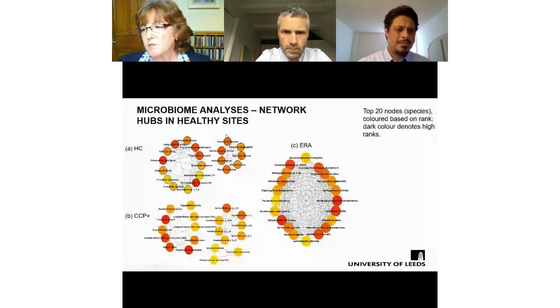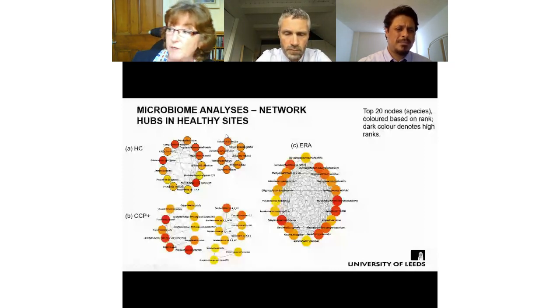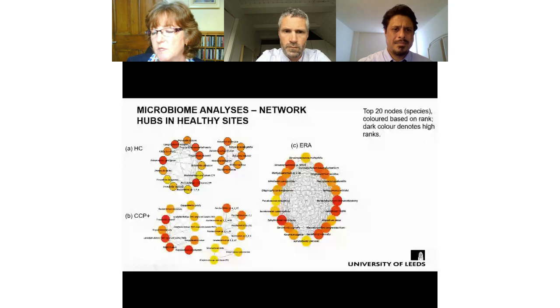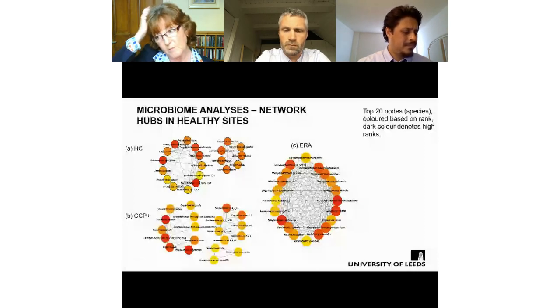So you can see in the healthy controls, this is the core microbiome in terms of the top 20 nodes, dominated by this group of Neisseria, and then a variety of organisms that we recognise as being subgingival, so Prevotella, Porphyromonas endodontalis, Treponema vincentii, Selenomonas, and a variety of Prevotella, Filifactor alocis. So these are all familiar subgingival organisms.